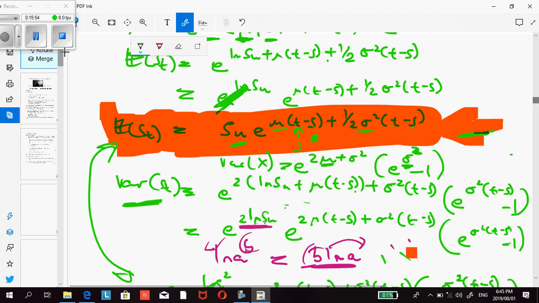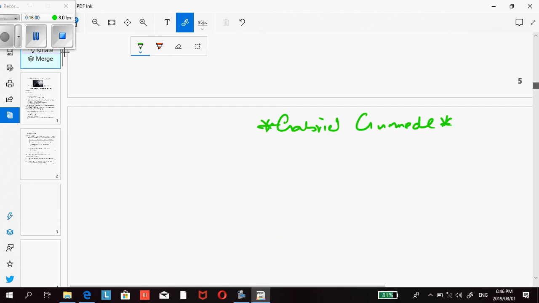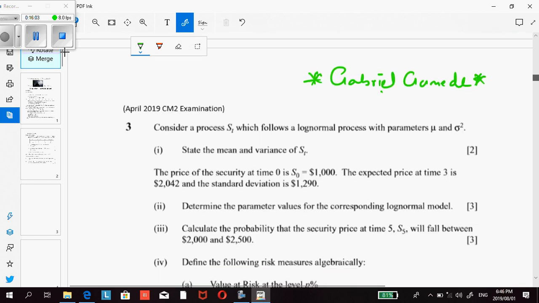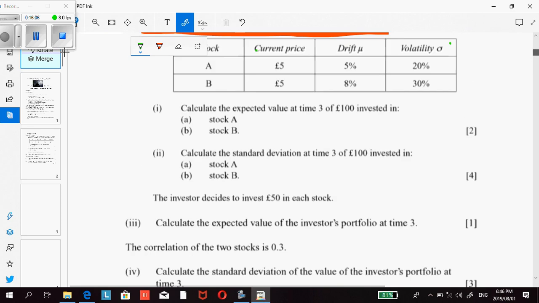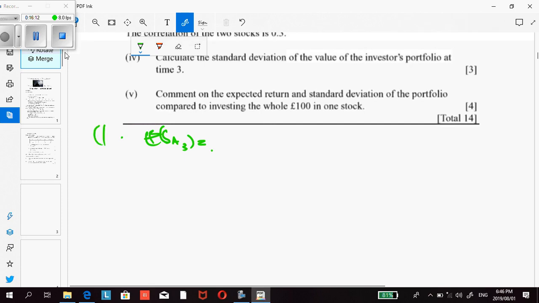So using this formula for part 1A of the question, I'm going to have S0 e to the power of mu times (3 minus 0) plus half sigma squared times (3 minus 0). Remember, your t here is 3 and your initial time u is 0.